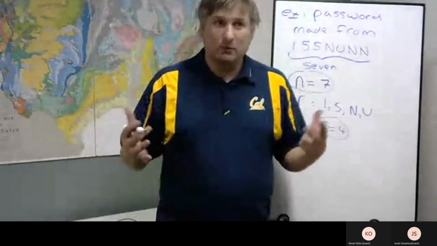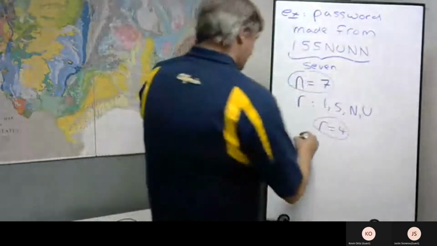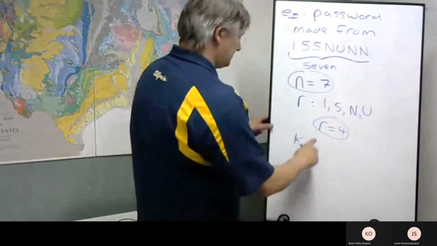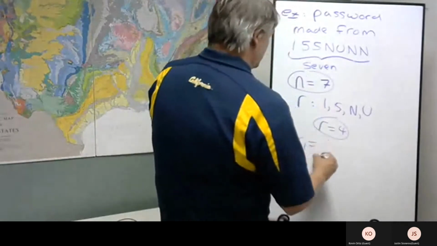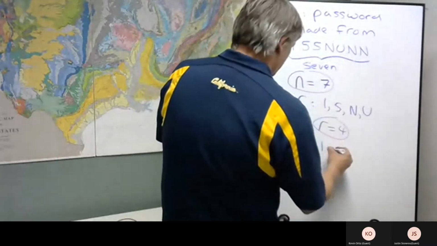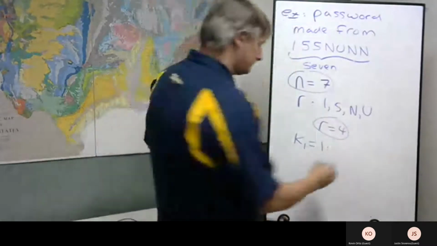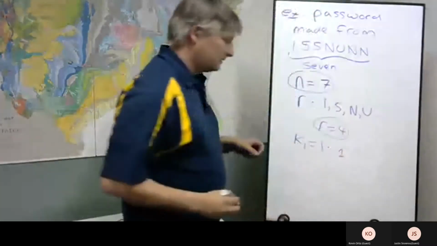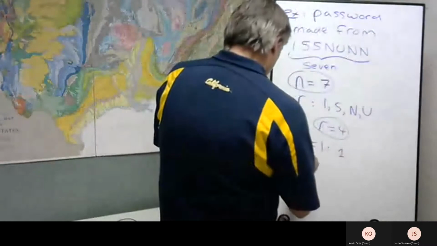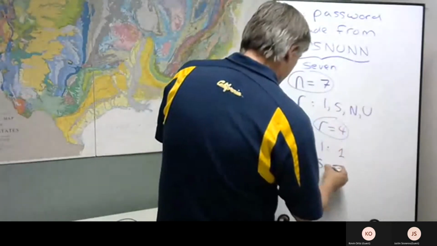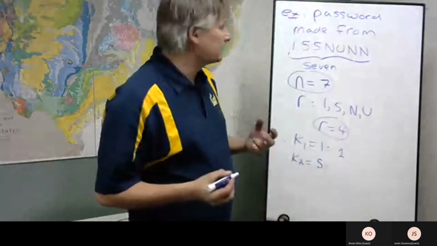So we have N, we have R. So let's take a look at our 4 K groups. So K1, let's let that be 1. Now, how many 1s are there? Well, there's only 1. Now for K2, let's let K2 represent the 5. How many 5s are there?